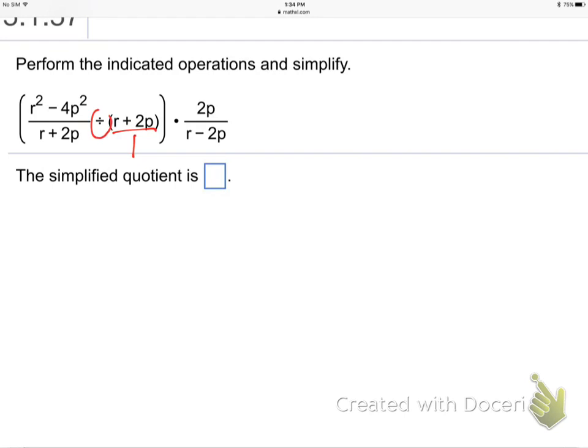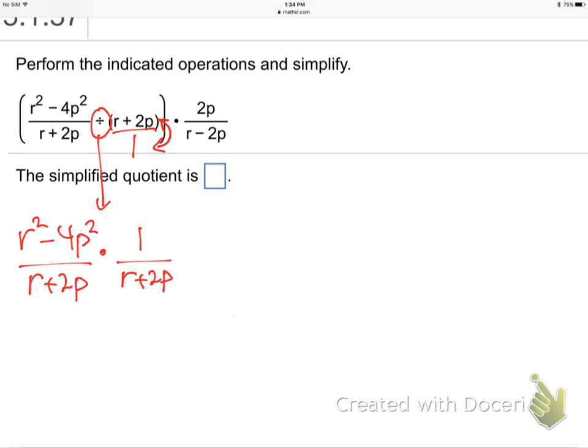Here's the dividing symbol. So the thing on the right of the dividing, this thing right here, is going to invert, isn't it? Does that make sense? That's going to invert, and it's going to become times. So r squared minus 4p squared over r plus 2p. And this is 1 over r plus 2p. You don't need all those parentheses. I don't know why they put all those in there.